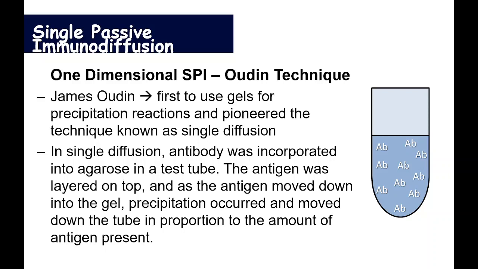So the patient sample must contain the specific antigen to our antibodies in the agarose gel. As the antigen moved down into the gel, precipitation occurred and moved down the tube in proportion to the amount of antigen present. Basically, if we have antigen-antibody complexes formed, there will be precipitation.